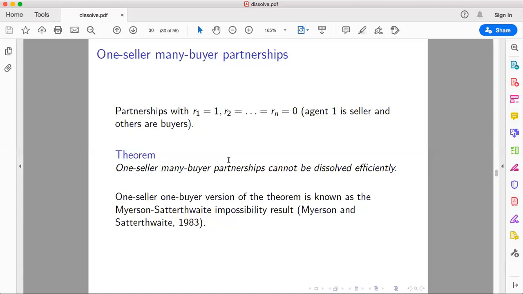What we will show is that this bilateral trading version of this theorem is also known as the Myerson-Satterthwaite impossibility result. It was proved earlier than this paper, but only for the two agent case. That's why it's called the bilateral trading problem. But a corollary of this result is that the theorem also extends to the n agent case, where there is one seller and many buyers.